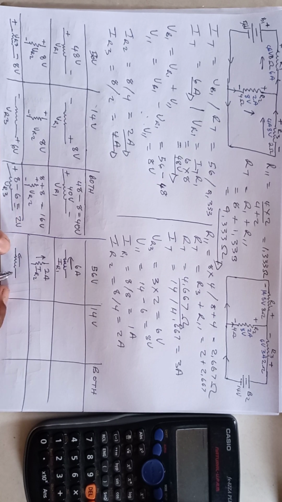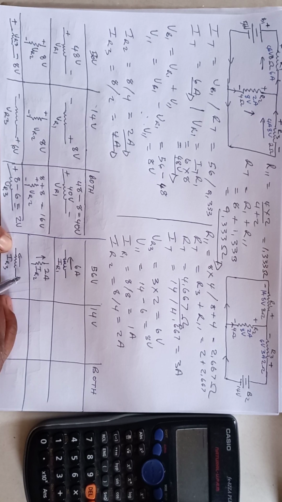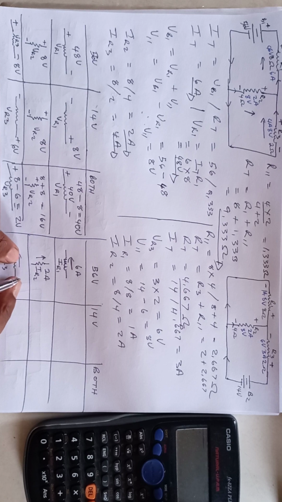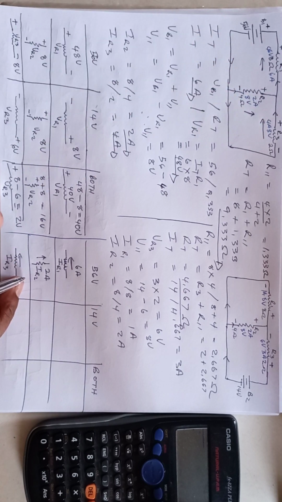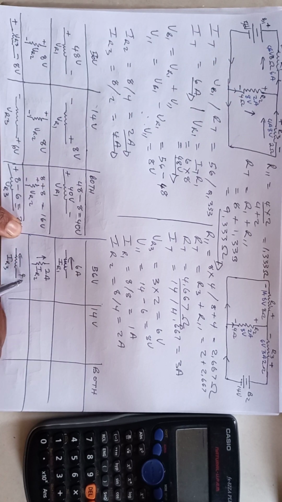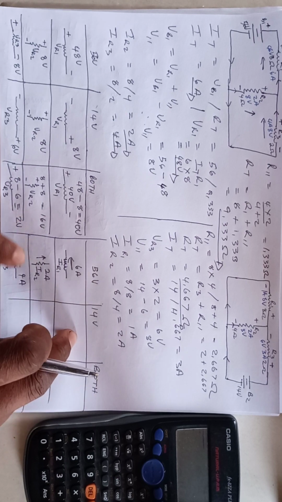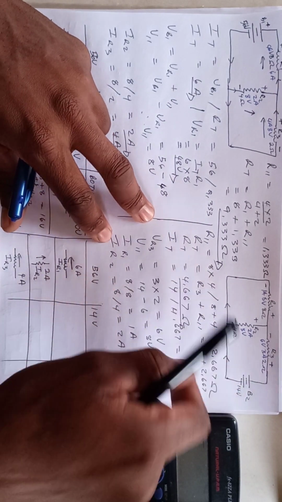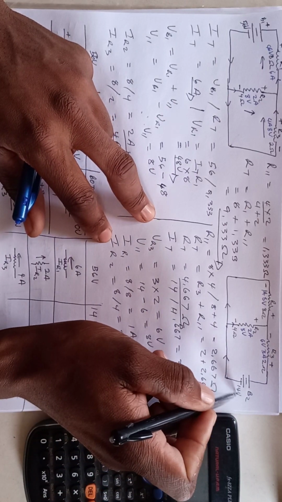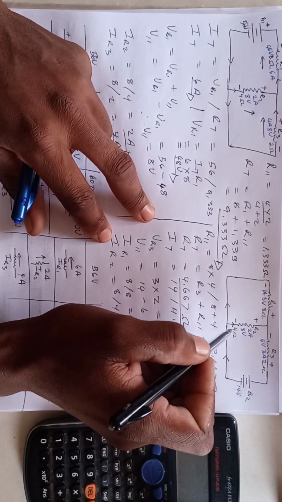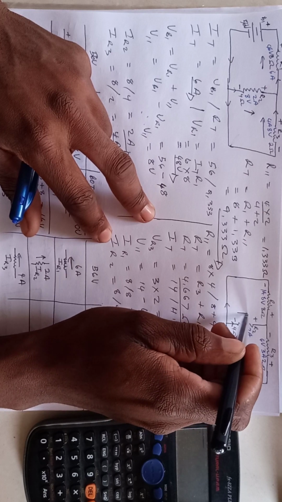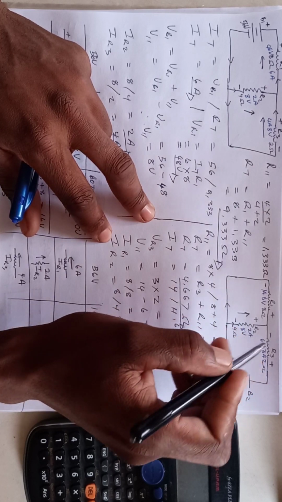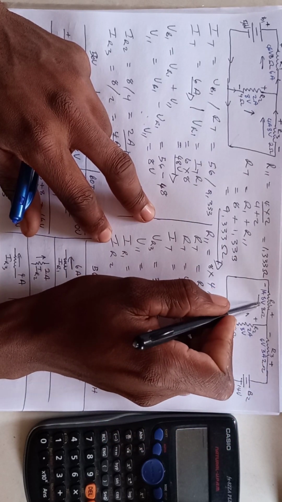This direction. And what was IR3? IR3 was 4 amperes.